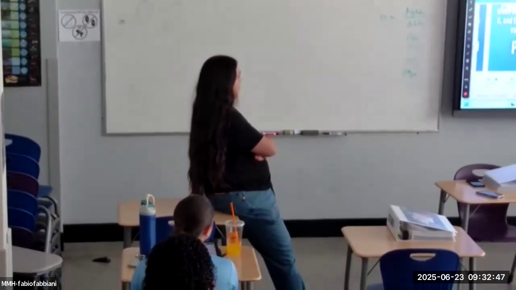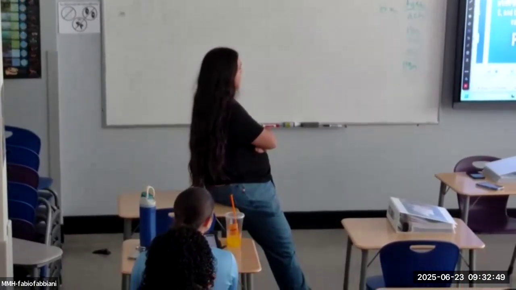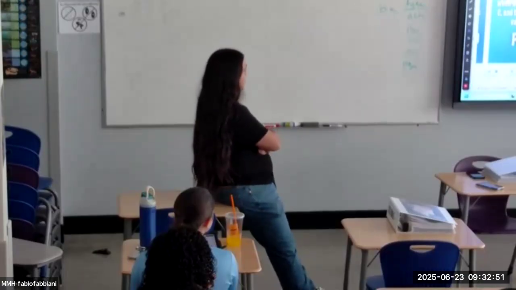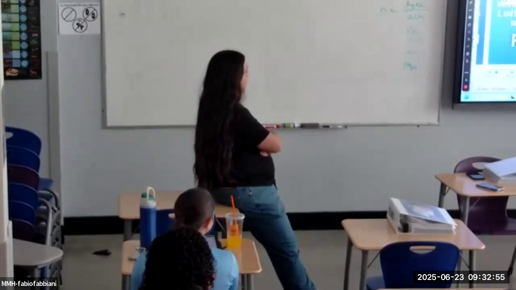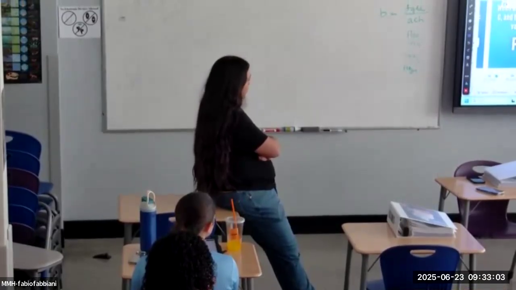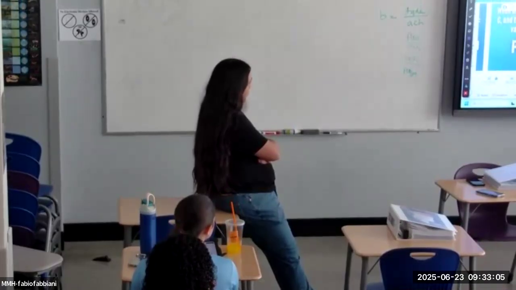You could work backwards, set a number for each of the variables, and then plug in. Let's try the one that actually is. FGDE over, it's K, oh yeah, sorry. FGD over ACH.